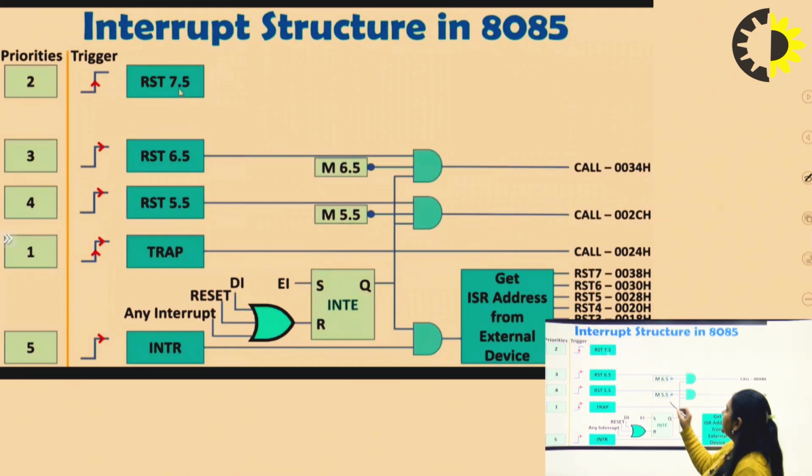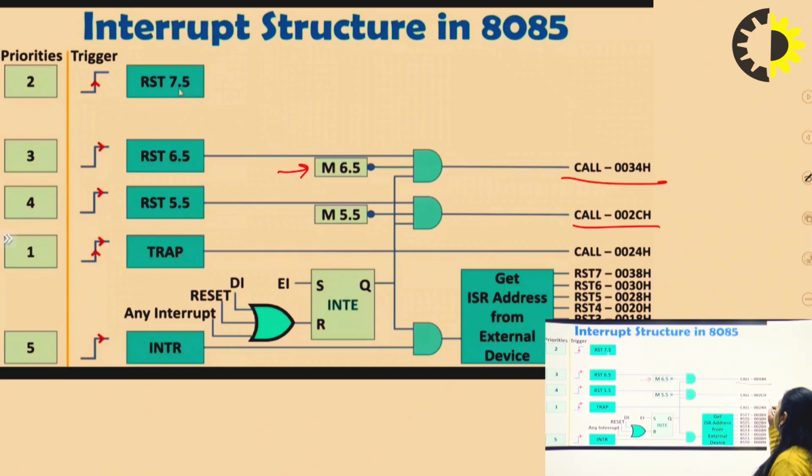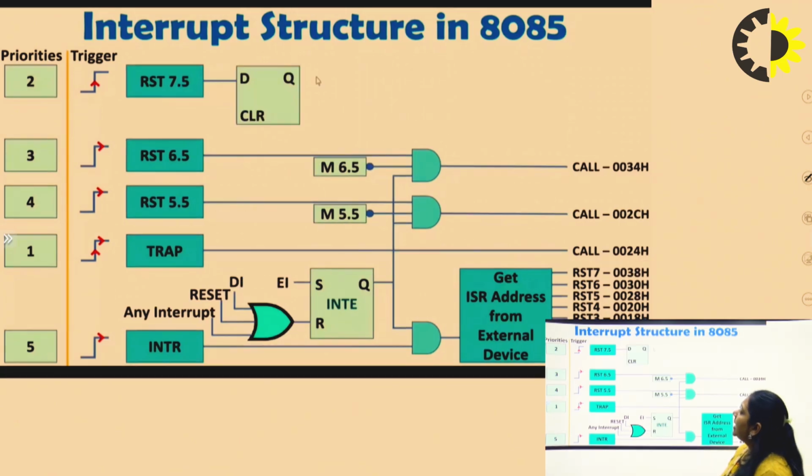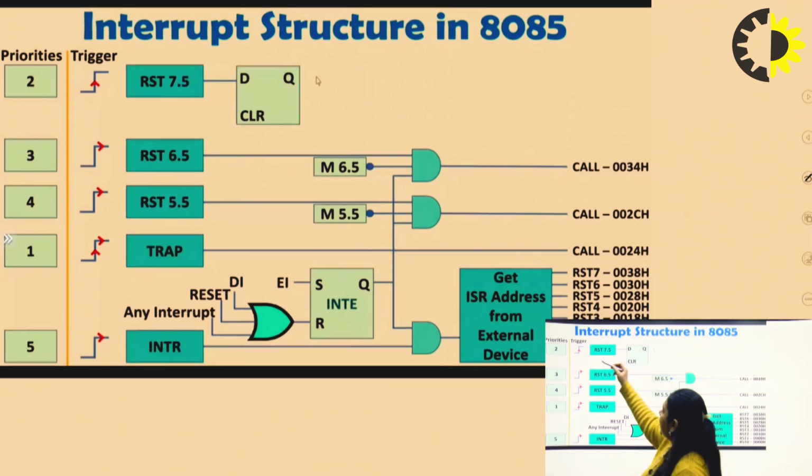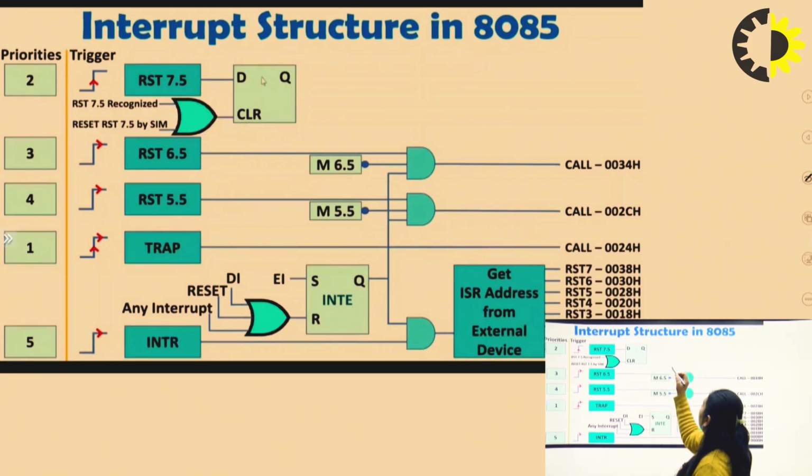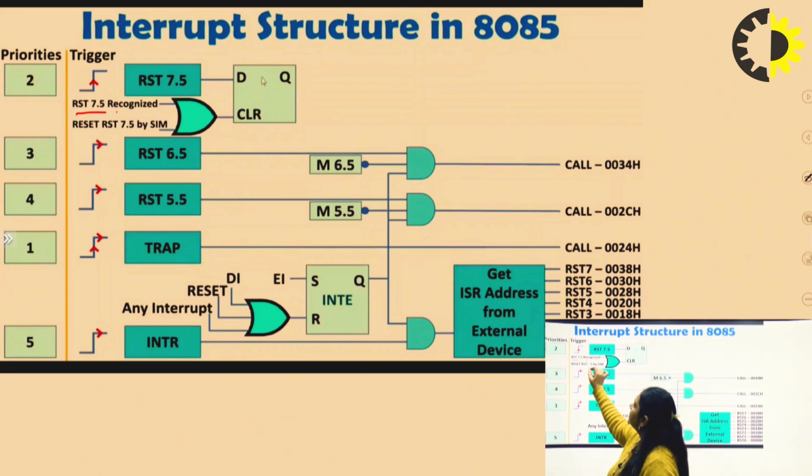For RST 6.5, the mask pin for 6.5 is written here, and the same Q output is given as an input to the AND gate, and we get the vector address for these interrupts also. For RST 7.5, as it is edge triggered, we take a delay here, a D flip-flop, and it also has a clear pin which is driven by RST 7.5 and reset 7.5 by the SIM instruction.